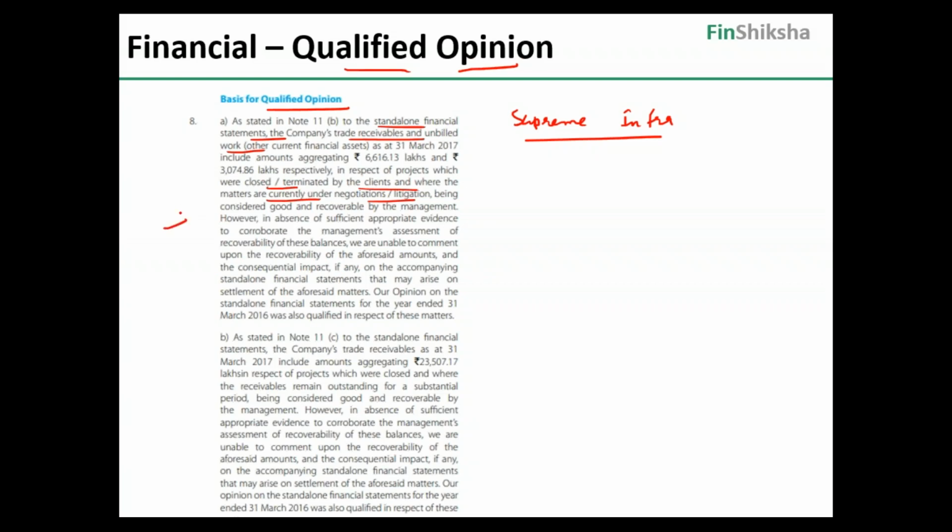Not every company will have a qualified opinion, but some companies will have this kind of qualified opinion. You have to look out for it. This is again a big red flag, because now the auditors have mentioned it. A similar thing has happened with PC Jewellers and Vakrangee recently.